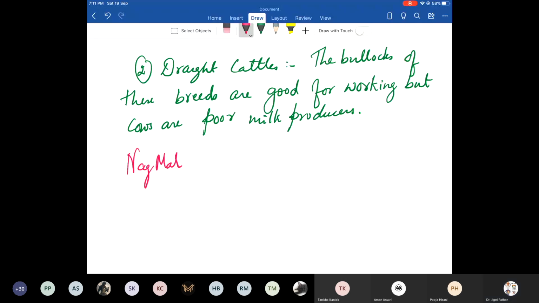The trick for this, okay: Nagmal Kangana's driver Halla kar raha hai.